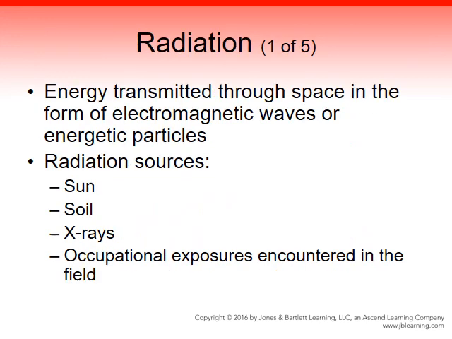So let's look at radiation. Radiation is energy transmitted through space in the form of electromagnetic waves or energetic particles. Radiation can come from many sources such as the sun, soil, and X-rays, as well as occupational exposures encountered in the field through some sort of radioactive product.